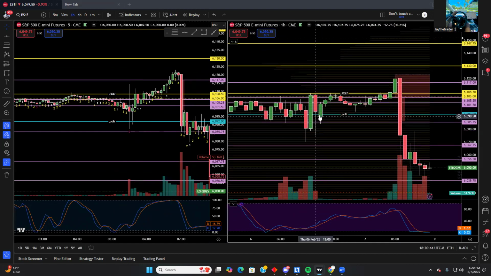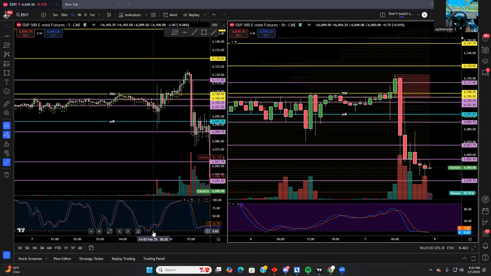While the 1 hour stochastic RSI was still exiting that buyer zone to go into that seller zone, that told me, hey, we still have room for upside. And we were getting said room for upside, right? So I was like, all right, let me look for a pullback. We got the pullback into 92. I go long because I see that the stochastic RSI in a 5 minute is in that buyer zone.